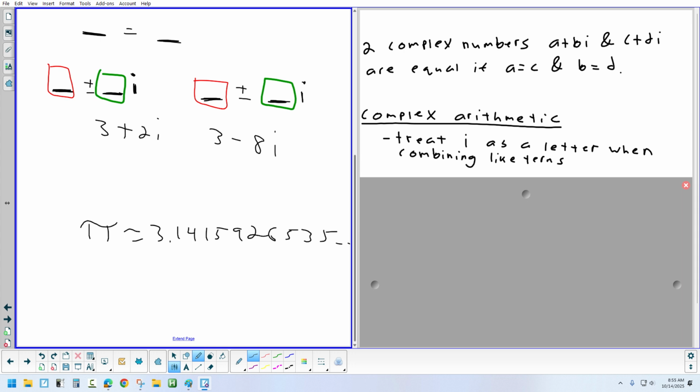So that's kind of the same concept with i. If you were doing a word problem and you had to pick a variable, you would never pick the Greek letter pi as a variable because it means 3.14 in math.